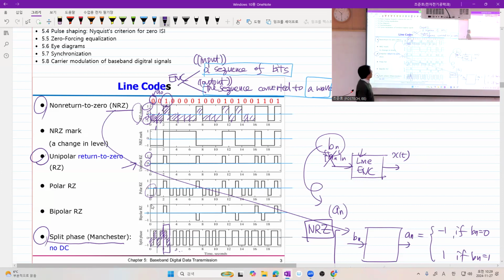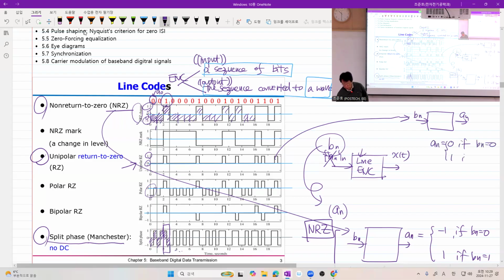So let me ask you, what is the encoding scheme and what is the pulse shape for URZ? Something like this. What is P of t? So let's focus on that one. So this is the pulse, right?